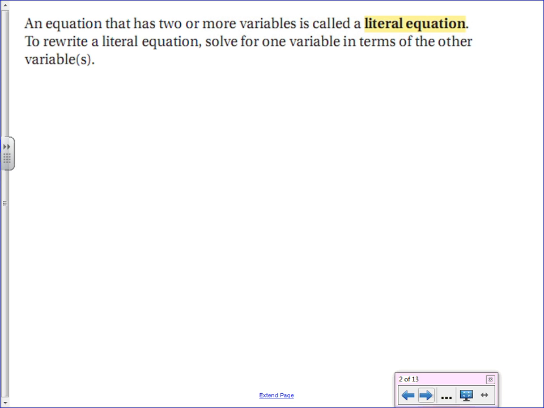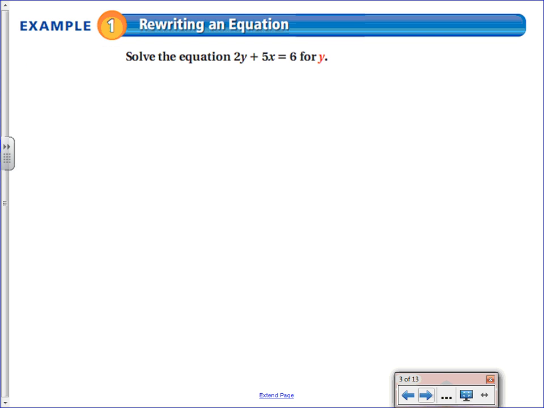We're going to treat these variables that we are not solving for as numbers. So they're going to be a number so that we can get them by themselves, but they're going to remain as a letter. Let's take a look at an example. Solve the equation 2y plus 5x equals 6.